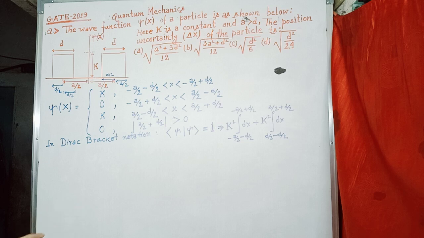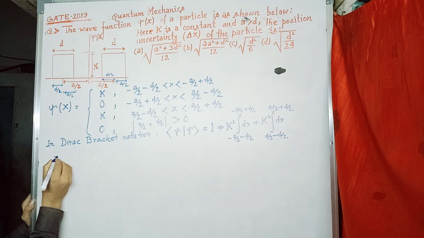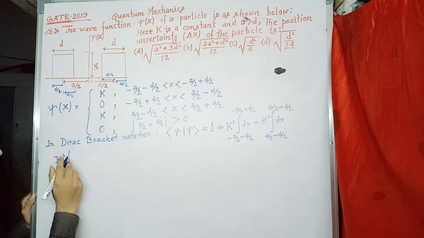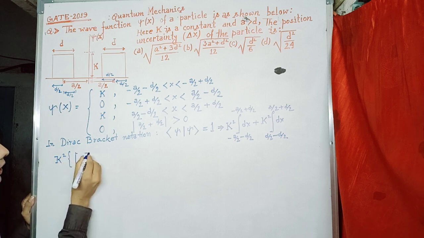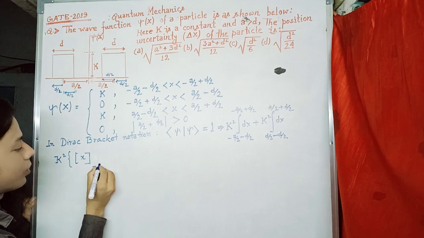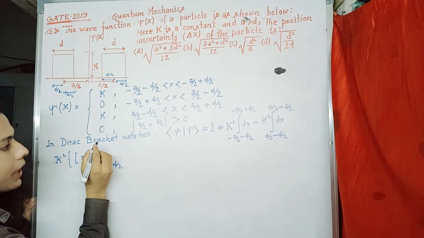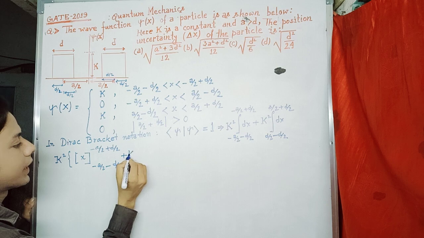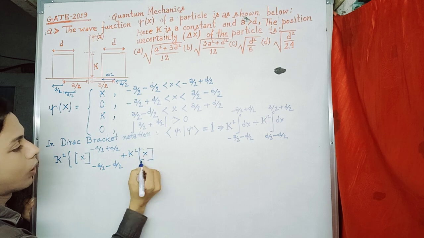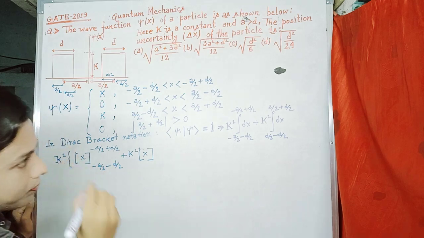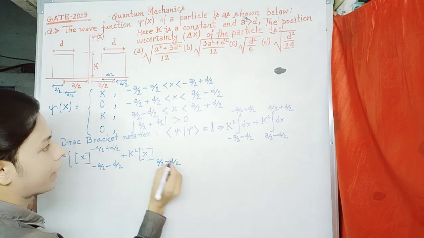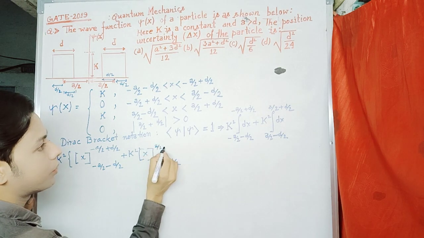So if we calculate this value, it becomes k square times x, with lower limit minus a divided by 2 minus d divided by 2 and upper limit minus a divided by 2 plus d divided by 2, plus again k square times x, with lower limit a divided by 2 minus d divided by 2 and upper limit a divided by 2 plus d divided by 2.